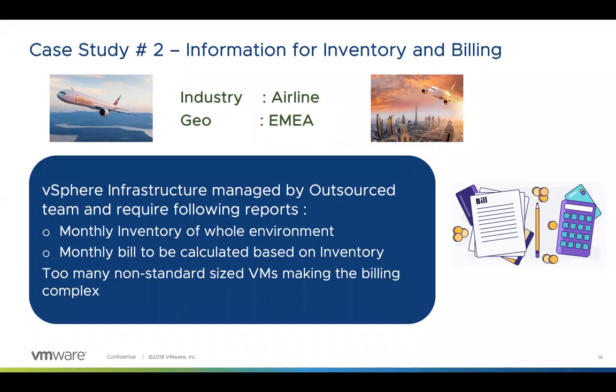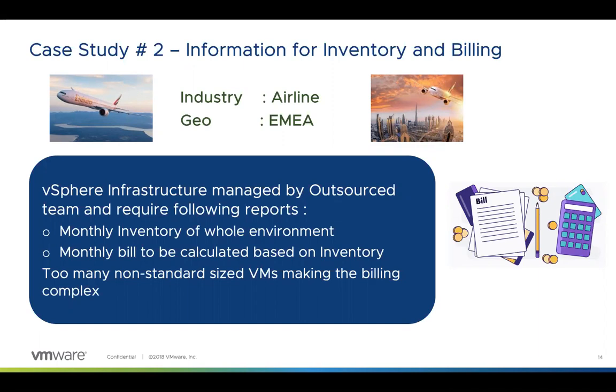But the complexity came in here because of too many non-standard size VMs. Even if you categorize a small VM, which could be like 2 vCPU, 4 GB RAM, those standard size VMs were way fewer, because most of their VMs were, for example, 3 vCPU, non-standard sizes.